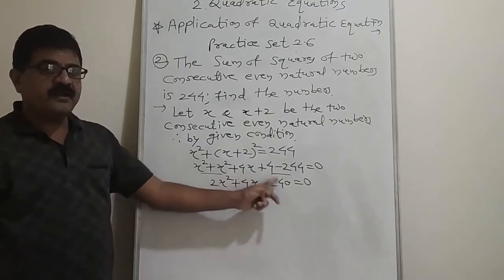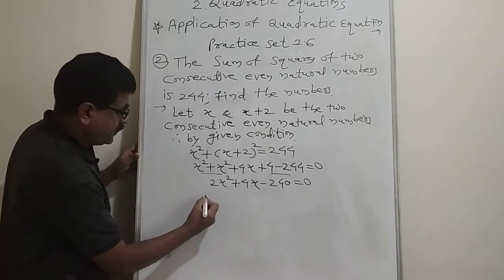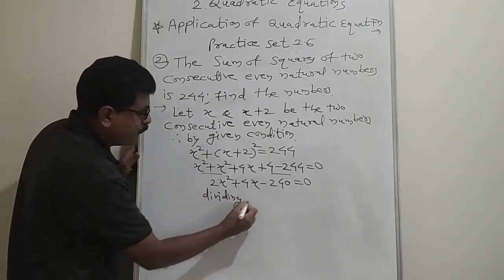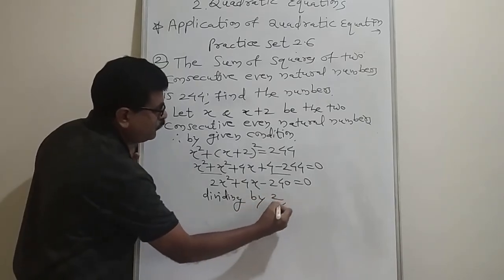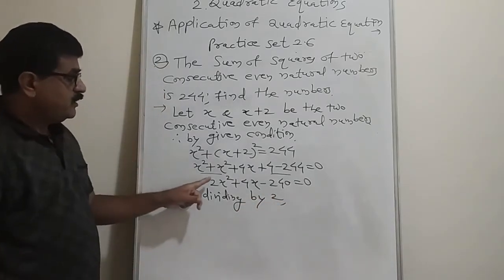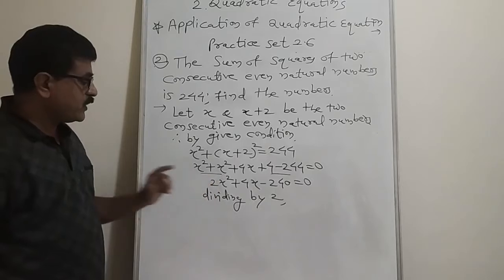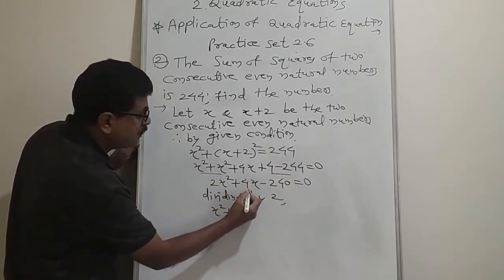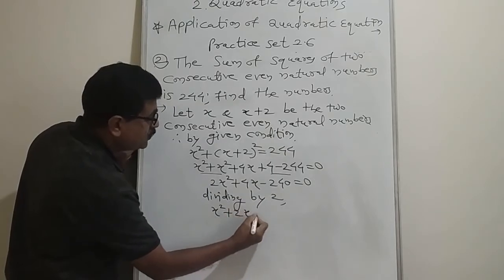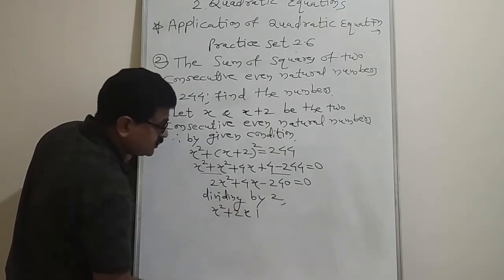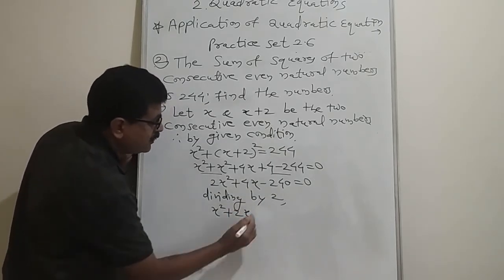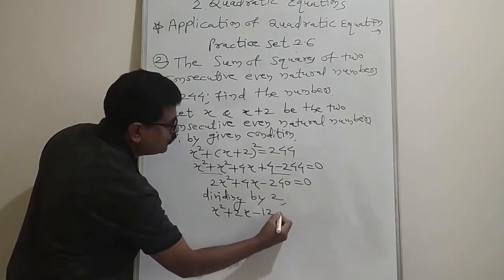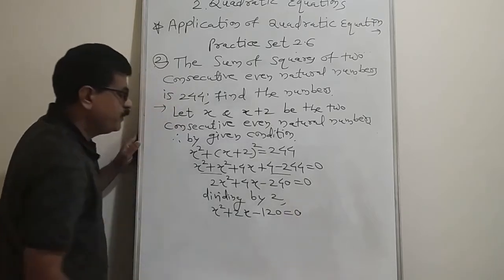Therefore, dividing each term by 2, the 2 gets cancelled: x square plus 2x minus 120 is equal to 0.